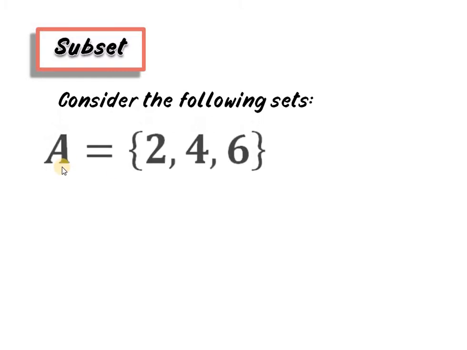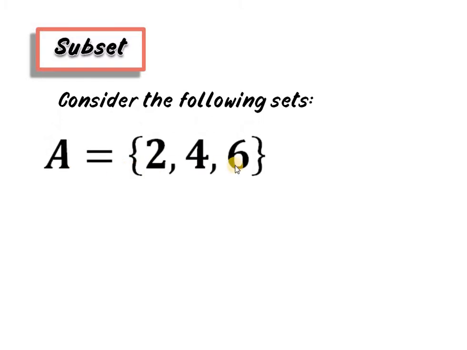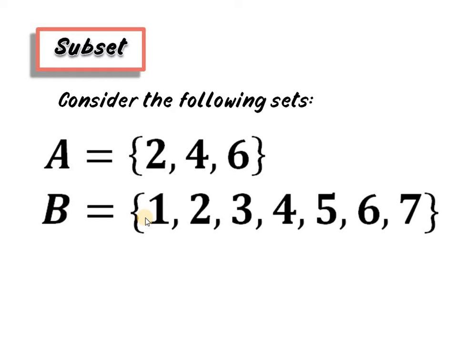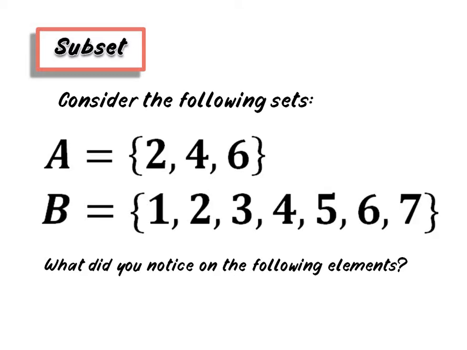Let's start with subset. To understand subset, consider the following sets. Set A is equal to 2, 4, 6, and set B is equal to 1, 2, 3, 4, 5, 6, and 7. What did you notice on the following elements of set A, starting with 2?